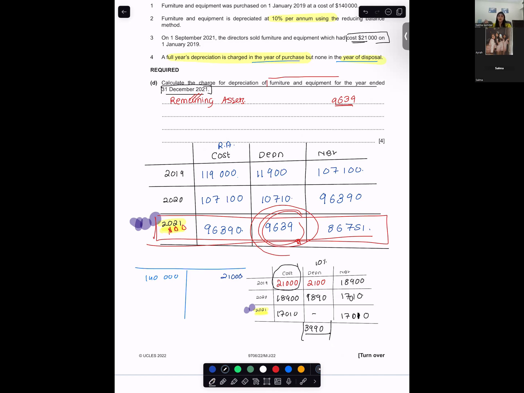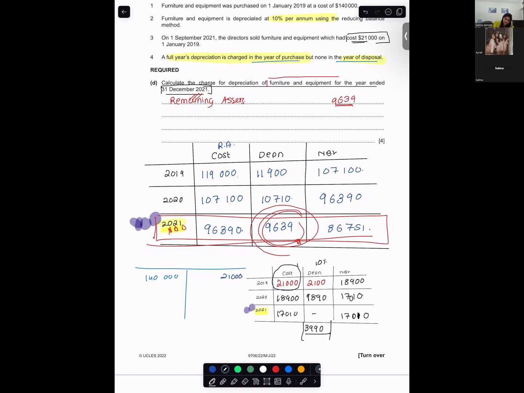So this asset has gone away, and there is no depreciation on the asset sold in the year of sale. So you will have to charge depreciation only on your remaining assets in the year 2021.